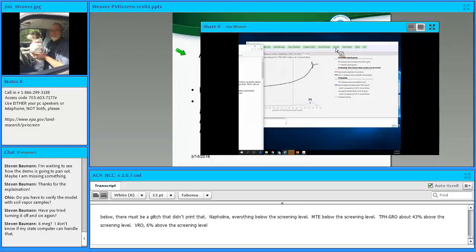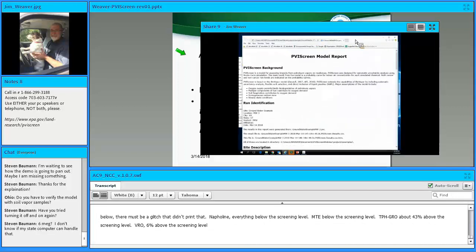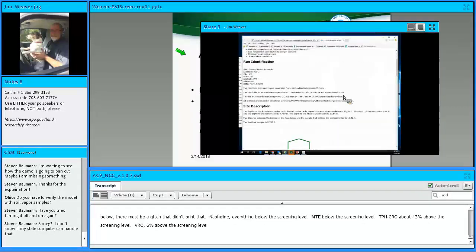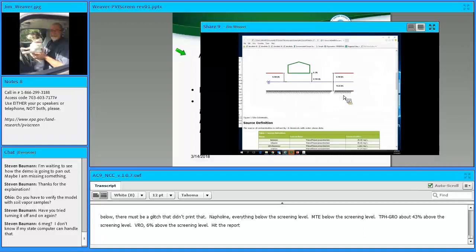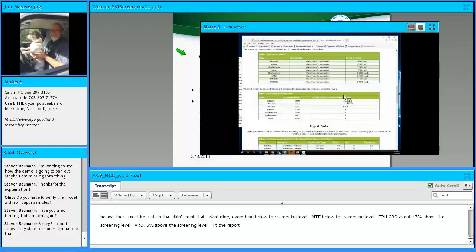Get the report. Same kind of thing we saw before. So here you see the concentrations that were in. These are in the milligram per liter range for BTEX, so we know this is hot.